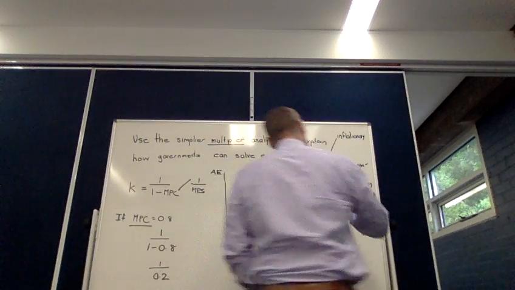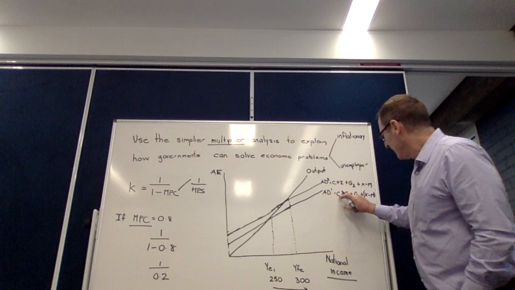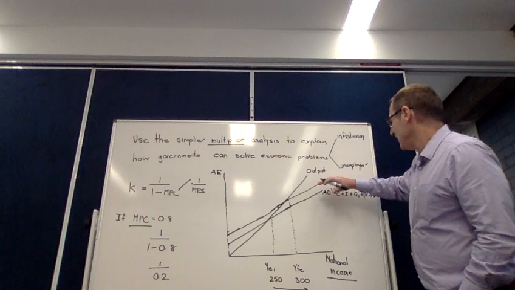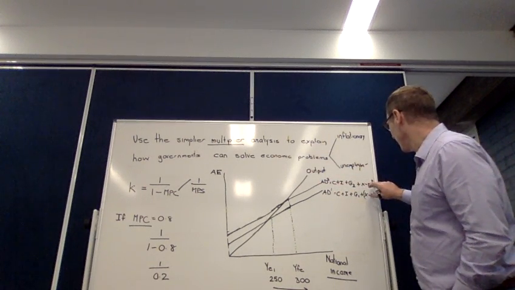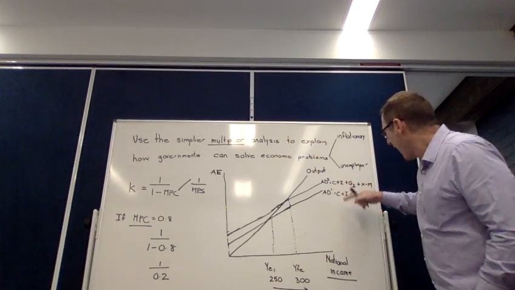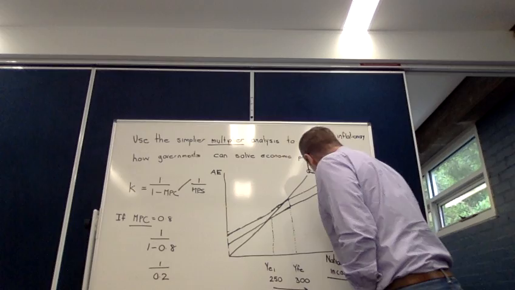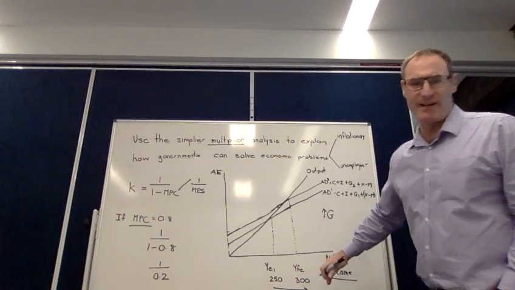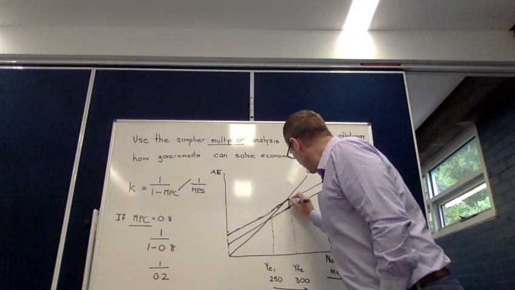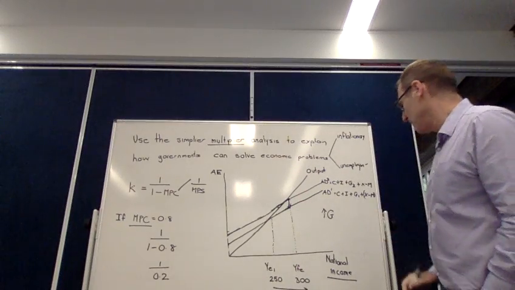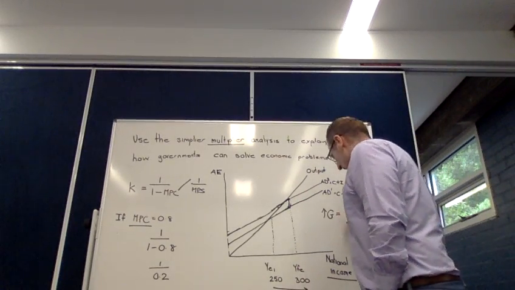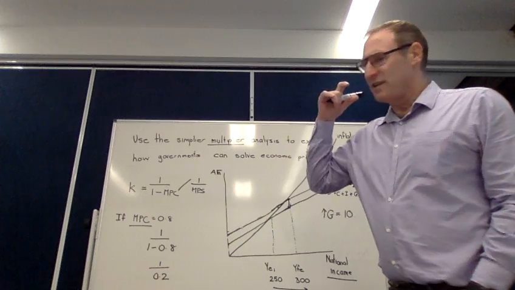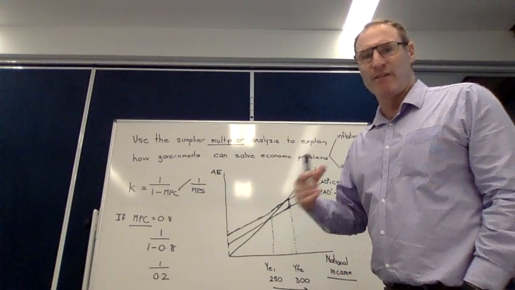So in this case, AD1 is C plus I plus G1 plus X minus M, and AD2 is C plus I plus G2 plus X minus M. How much does G have to increase to remove the gap? They have to increase G by 10. So by increasing G by 10, using the multiplier, they are able to reduce the level of unemployment.